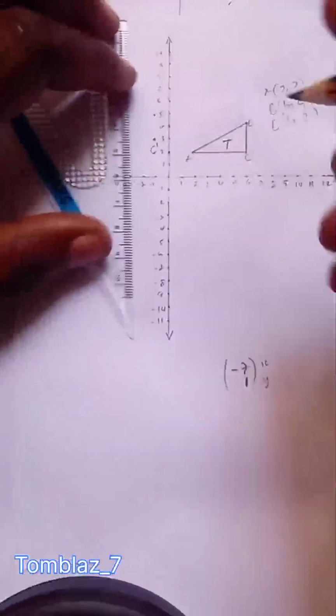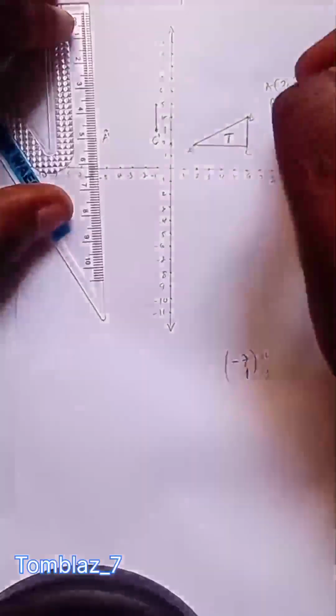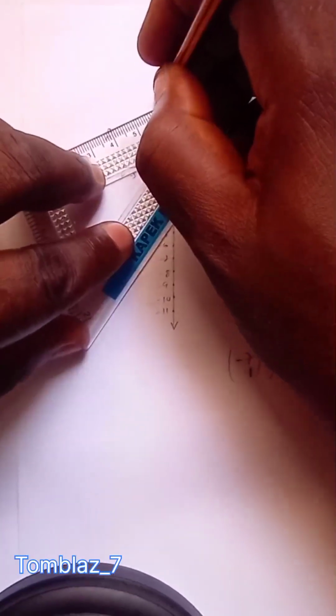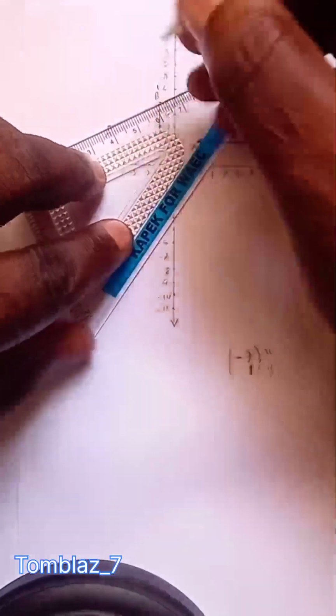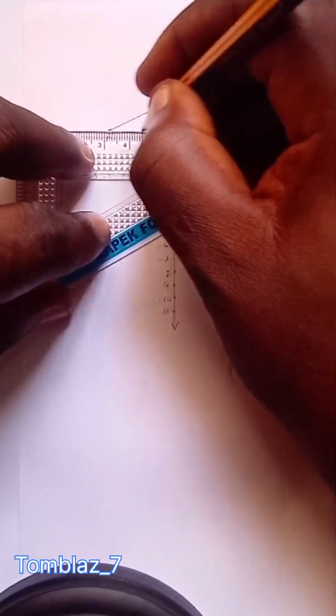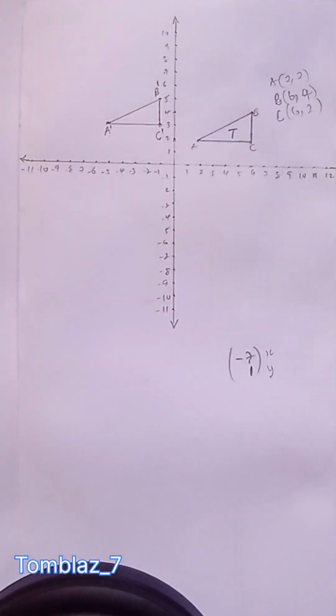All right, so let's join it and see our newest triangle, and this is going to be B prime. Wow, you have been translated. Okay, that is the new triangle.